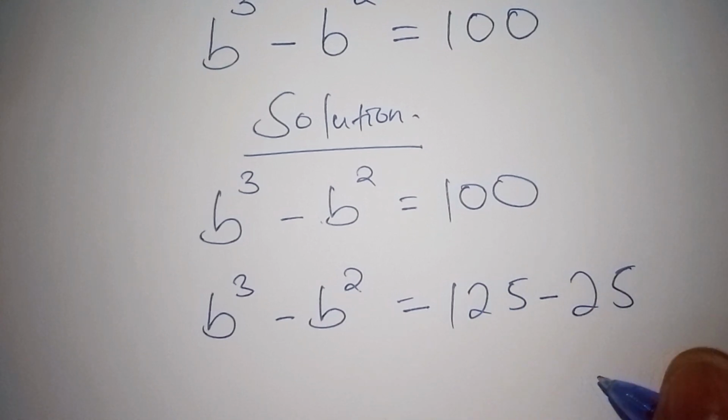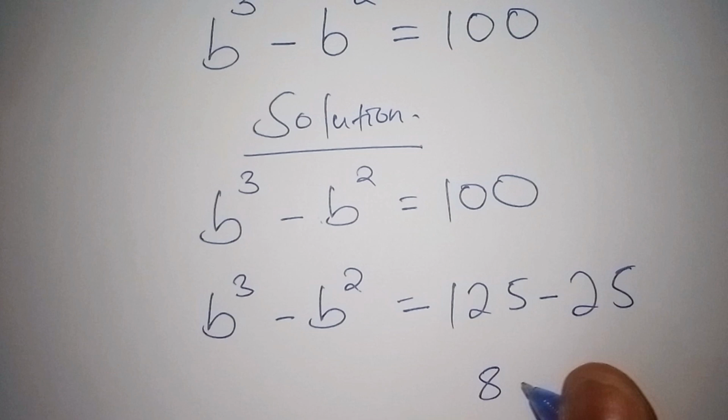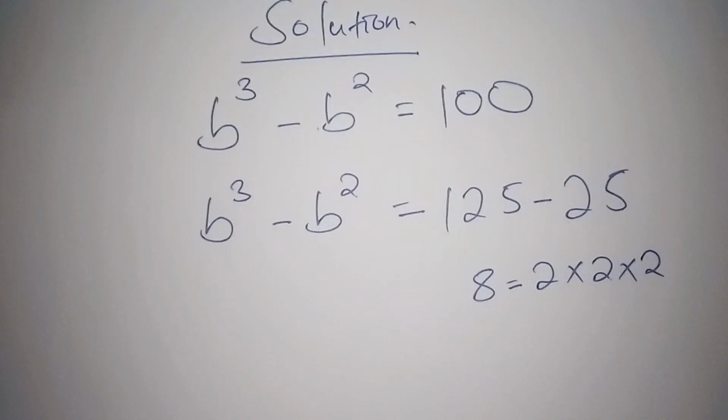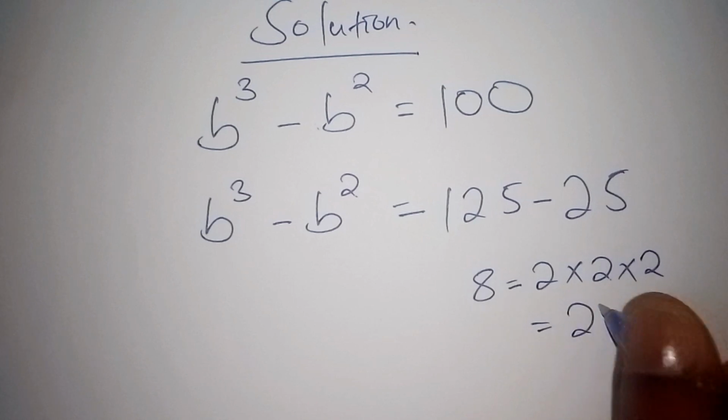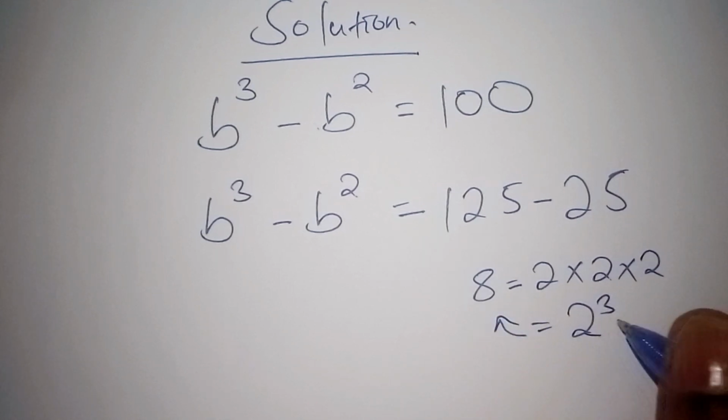For example, suppose we have 8 as a number. 8 we can write as a cube, whereby we have 2 multiplied by 2 multiplied by 2, so we end up with 2 cubed, and 2 cubed is 8.